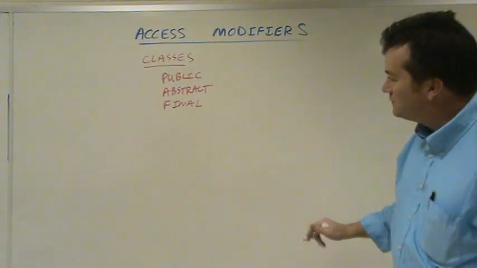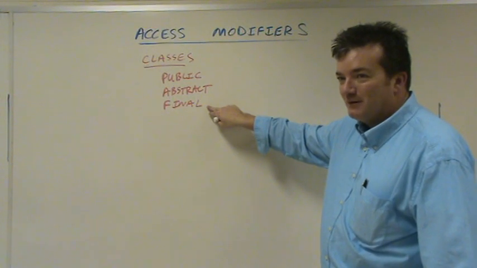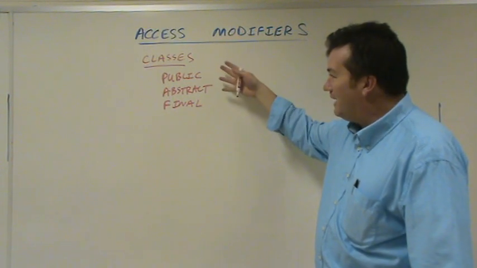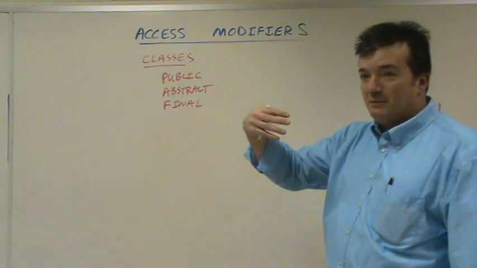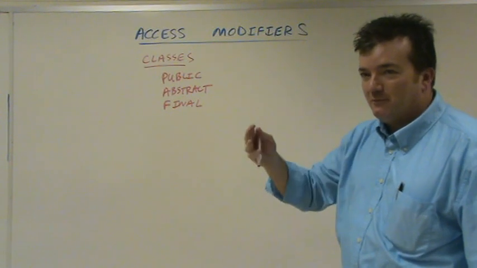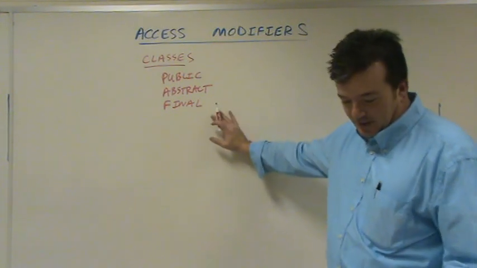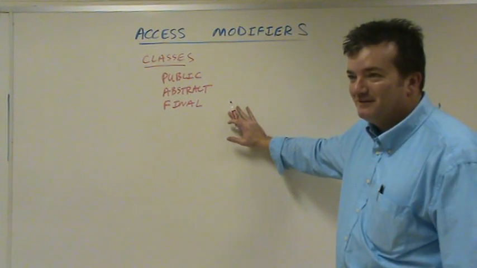Okay, so just a review. What was a final class again? Remember, any class we create, generally it means that somebody else can create a class and extend from us. So extending means somebody can inherit from us. But if we said a class was final, what would that mean?